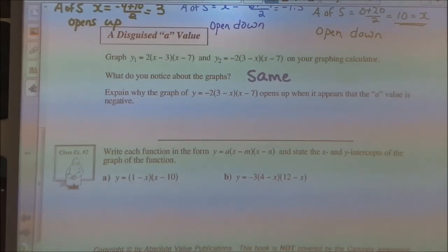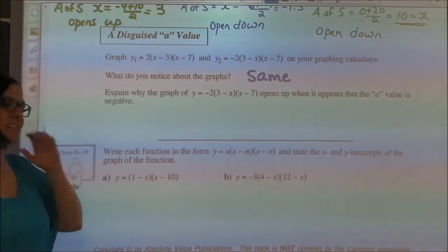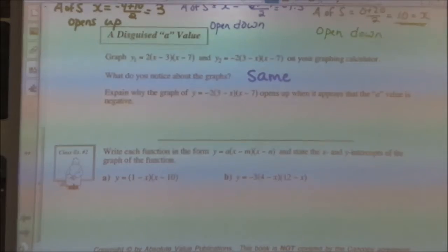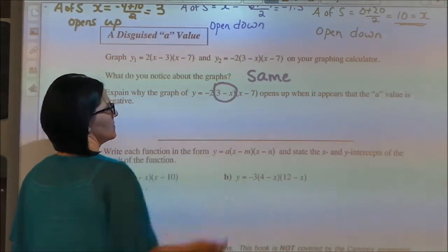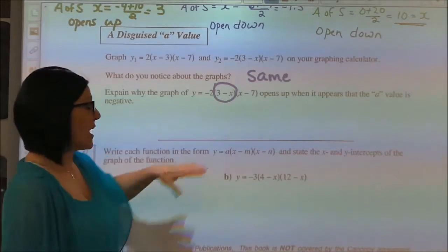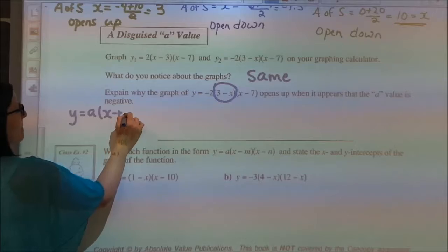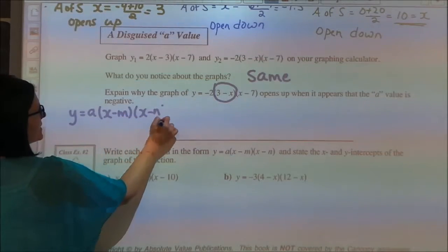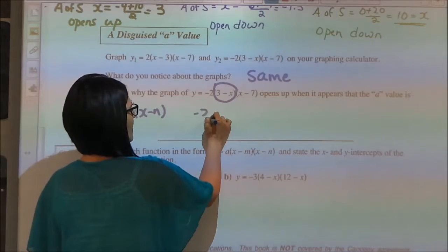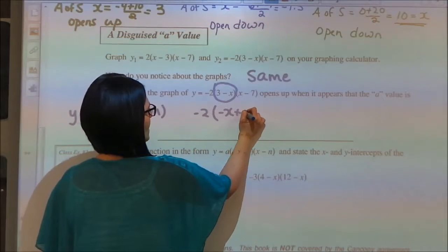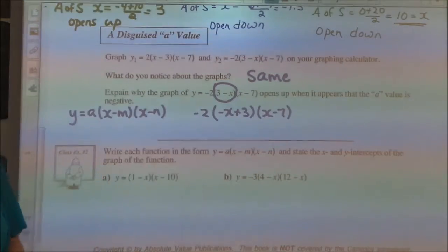So why are they the same when the a value is negative in the second equation? Well, that has to do with this right here. The way that the equation is supposed to be written is it is supposed to be x minus m and x minus n. So if I did that right here, I would get negative 2 times negative x plus 3 times x minus 7.